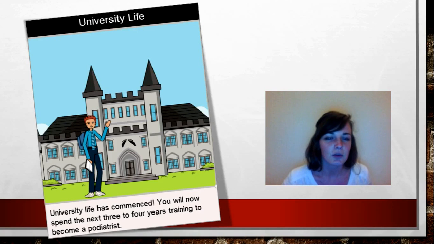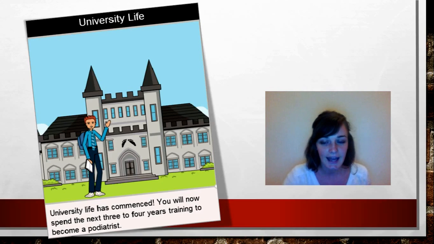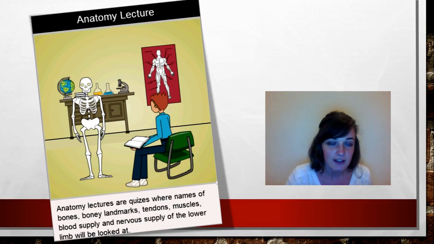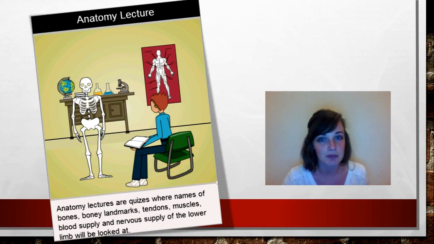So here it'll talk about exactly what's going to happen at university, the different lectures, different modules that you might be taking. And then the first module that Peter will be taking is an anatomy lecture. So the lectures in the game they're not aimed at teaching you a podiatry course. It's just really short mini games within the game.